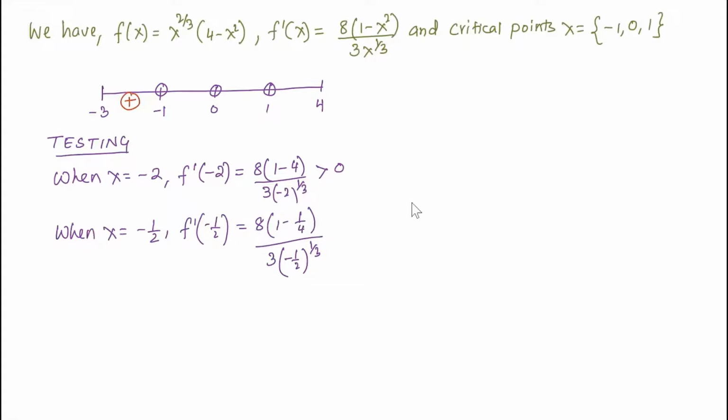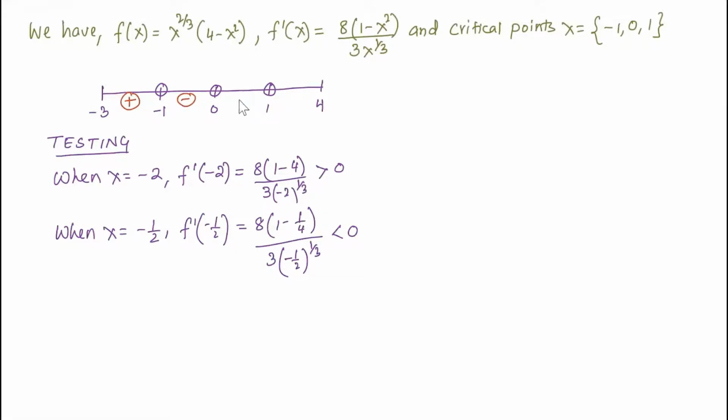The numerator is positive, whereas the denominator, -1/2 raised to 1/3, that's a negative value. So positive divided by negative is negative. So we can say it is less than 0. So meaning of that is, here the function is decreasing because the first derivative is negative. Function is decreasing there. Now let's check 2 more intervals.